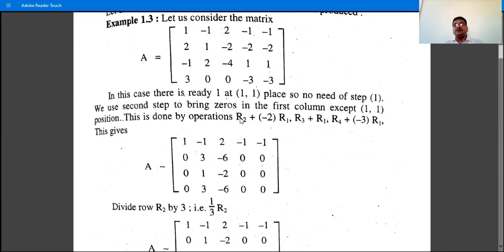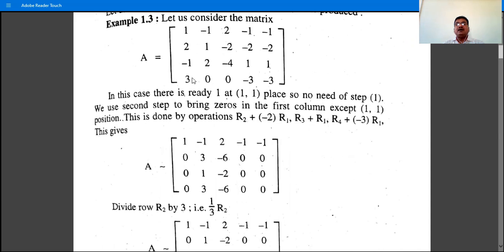We can write this operation using the notation R2 minus 2R1, either R2 minus 2R1 or R2 plus minus 2R1. Then R3 plus R1. We have to reduce this minus 1 to 0, so 1 and minus 1 addition is 0. So by using R3 plus R1, we have 0 at this place.